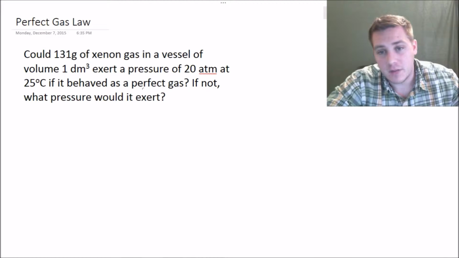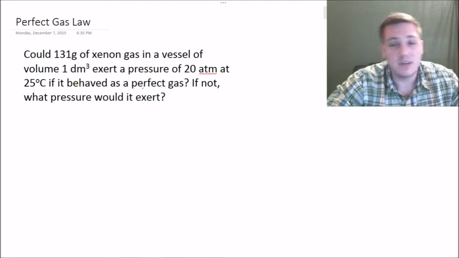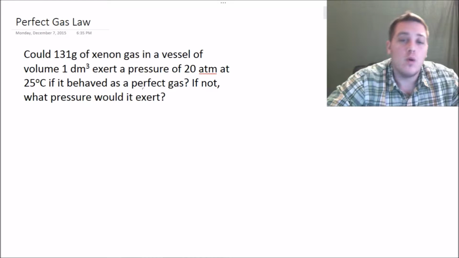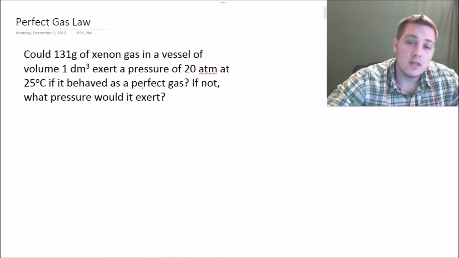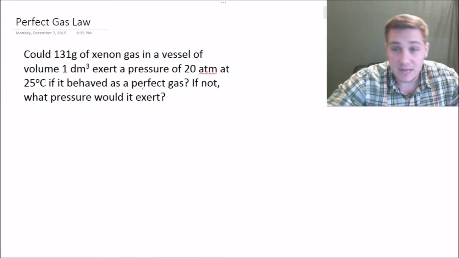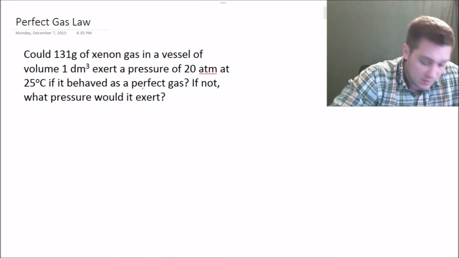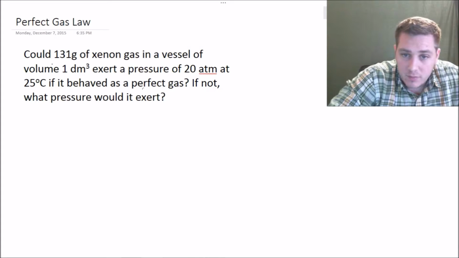Right off the bat, we kind of see the formula in place. What it's asking is, do these parameters behave as a perfect gas, and if it doesn't, what pressure would it exert? So let's go ahead and mark our important information.